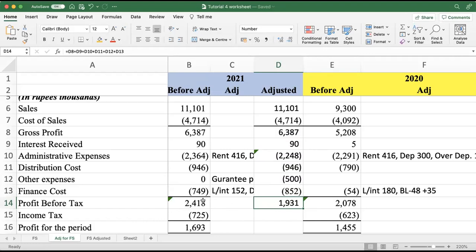Now you see profit before tax reduces by how much? You calculate the change in the profit before tax. Before the adjustment, it was 2,418. After the adjustment, it's 1,931.